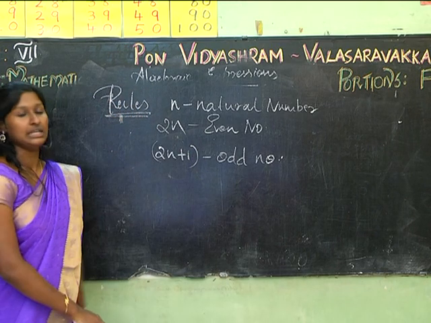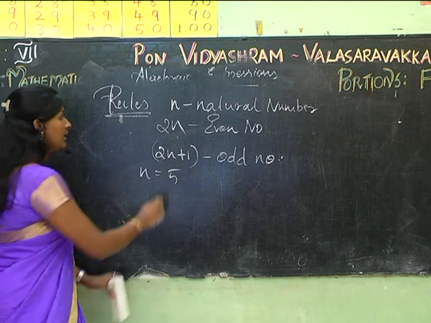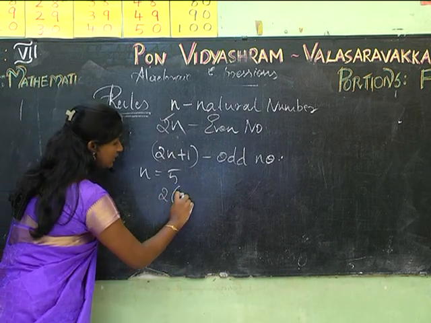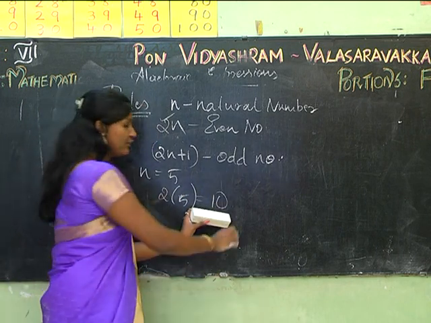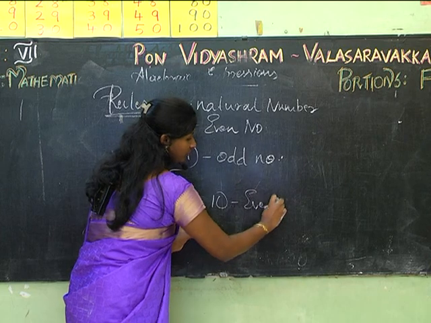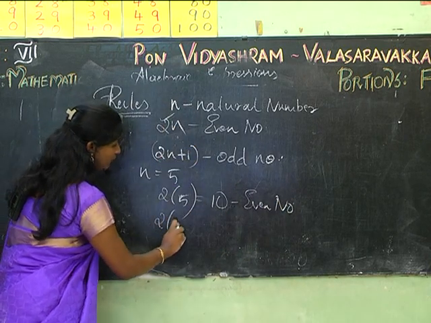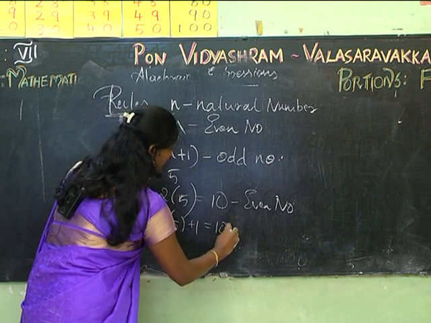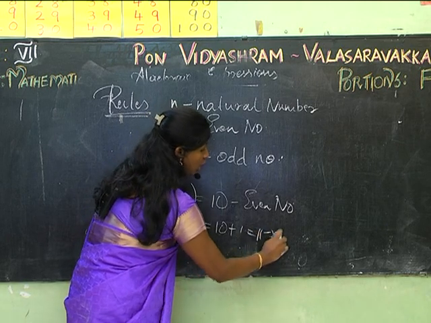Let me do it mathematically. If I substitute n equal to 5, then 2 times 5 gives 10, which is an even number. And 2 into 5 plus 1 is equal to 10 plus 1, which is 11, an odd number.